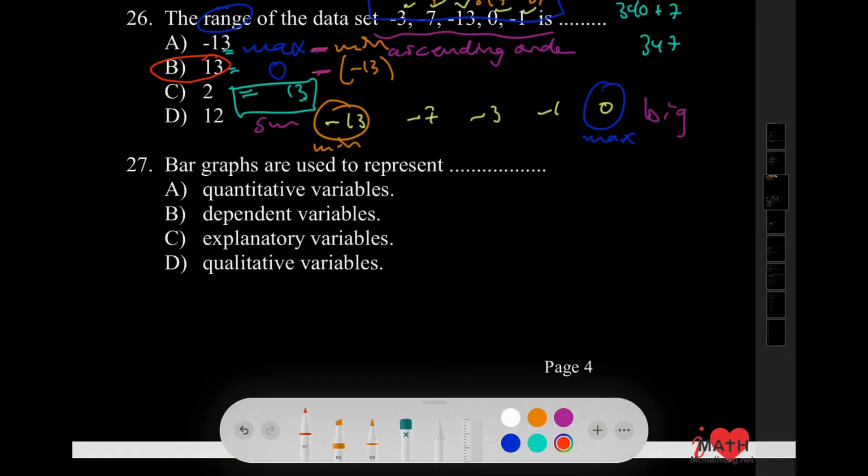Okay, question number 27. Bar graphs are used to represent... you have some choices in here that we haven't learned yet. Two vocabulary words you should put your finger on are these two, dependent and explanatory, which we'll learn in chapter 2. So not those two. Quantitative is numbers that you can take the mean or average of.